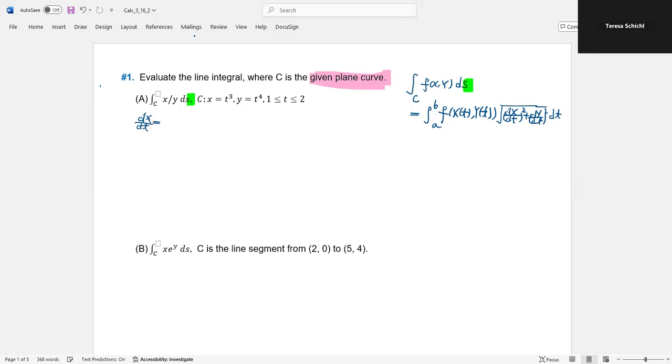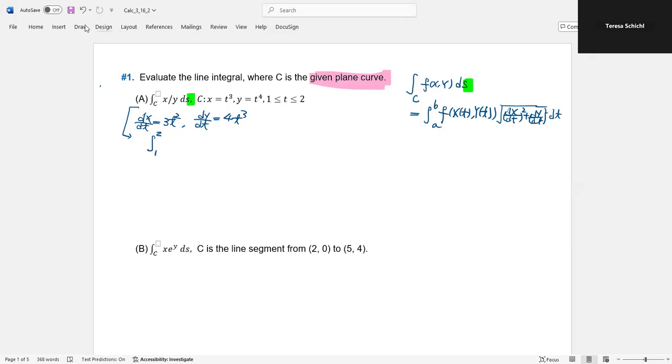The dx dt will just be 3t squared, and the dy dt will be 4t cubed. Then the whole line integral we can change to the parameter t, where the range is from 1 to 2.